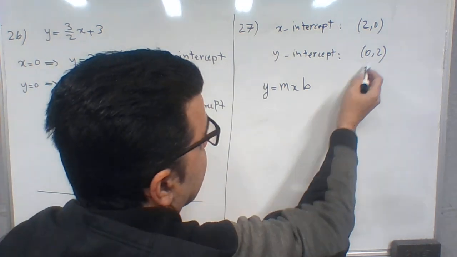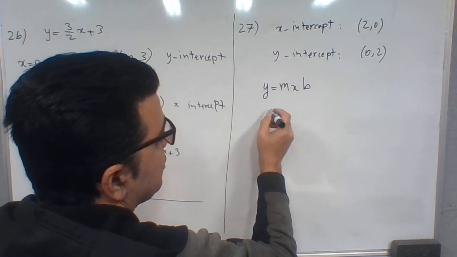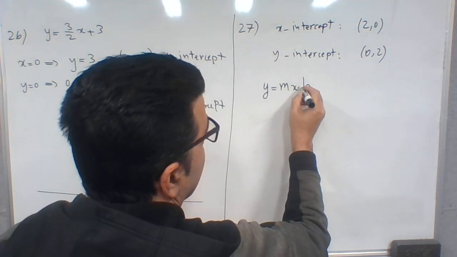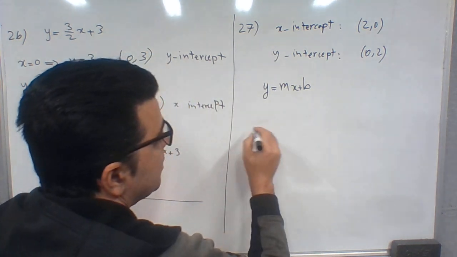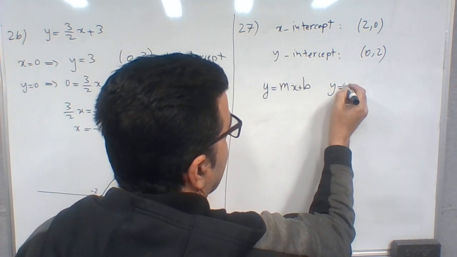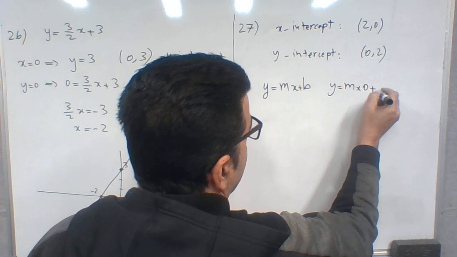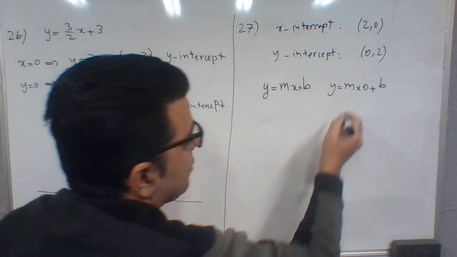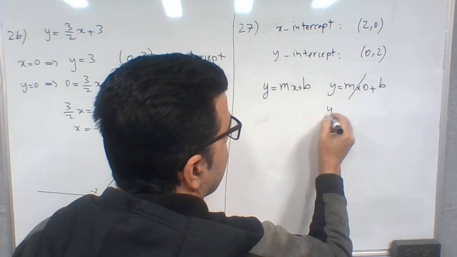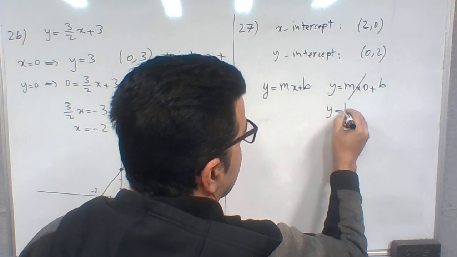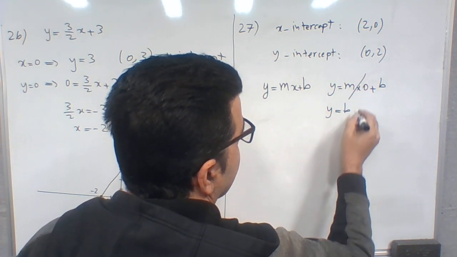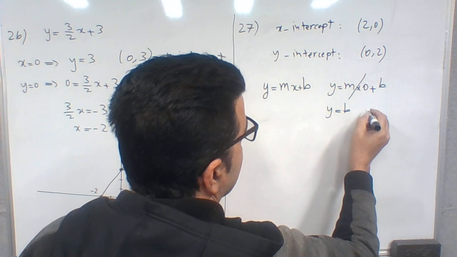If we put x equal to 0, we get y equal to 2. So y equals m times 0 plus b, which means y equals b, the y-intercept. So b is 2 here.